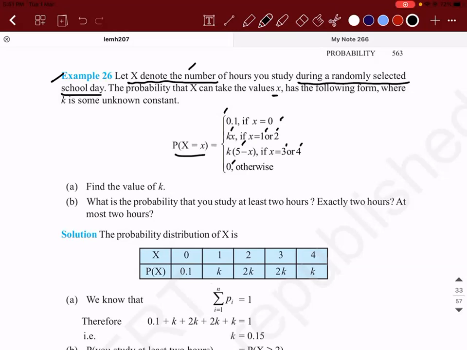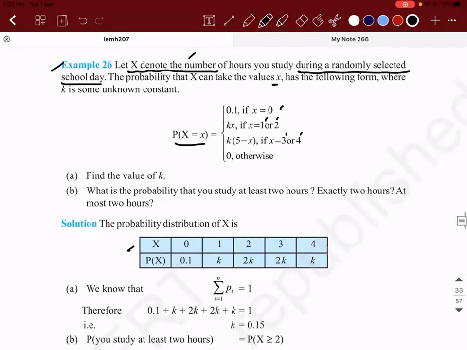So to find the value of k, these are all the variables. If I put it in a probability distribution table, X is taking 0, 1, 2, 3, 4. When X is equal to 0, what is the probability? Put 1 here, it becomes k. Put 2 here, it becomes 2k. X equal to 3, 2k.